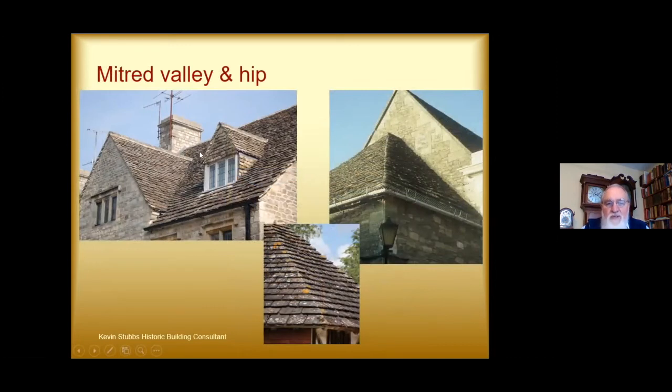Mitered hips, and sometimes mitered valleys, again take a very skillful craftsman to create ones that work. Today, they tend to slip in a lead soaker underneath just to make sure, but traditionally, these did work without.